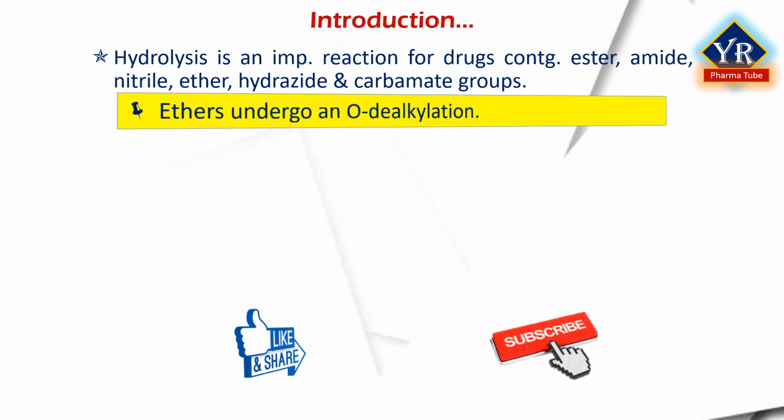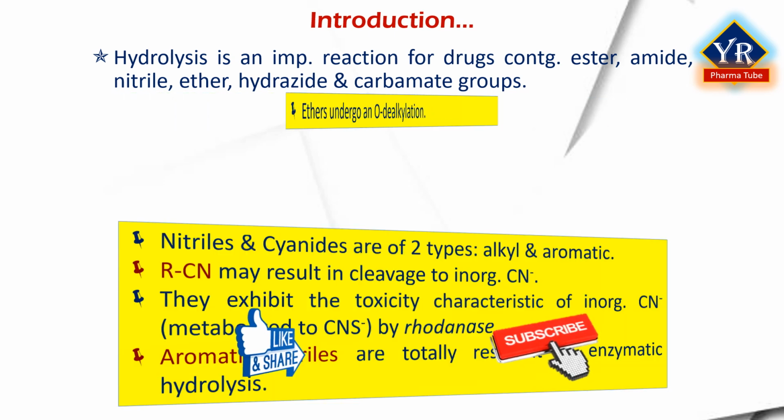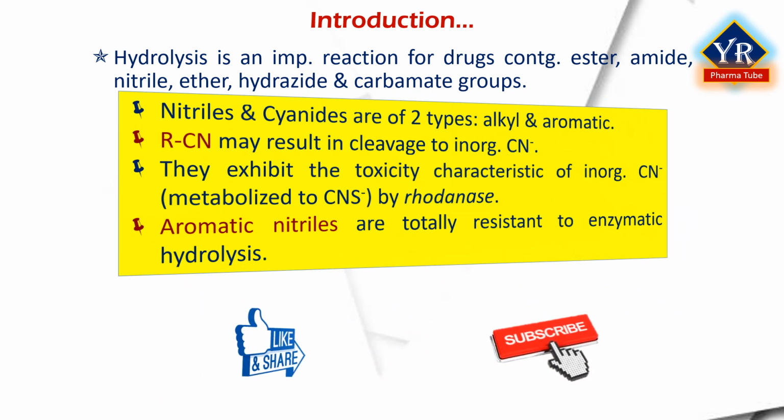Ethers in biosystems undergo an oxidative cleavage, that is O-dealkylation, which was already discussed in the previous lessons. Nitriles or cyanides are divided into two categories, simple alkyl and aromatic. Simple alkyl cyanides may result in cleavage to inorganic cyanide ion.